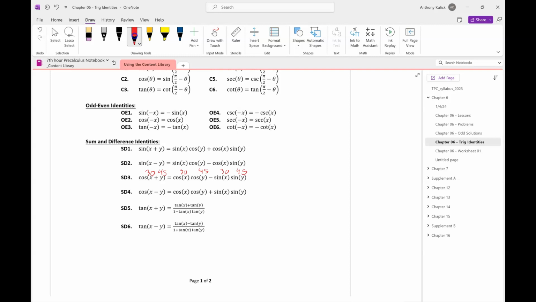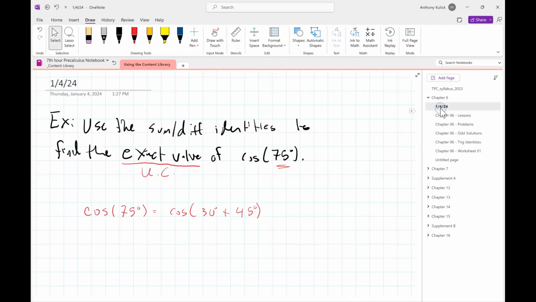Everybody's okay with how I'm applying the identity here from my sheet? So far, so good. Any questions you guys have yet?